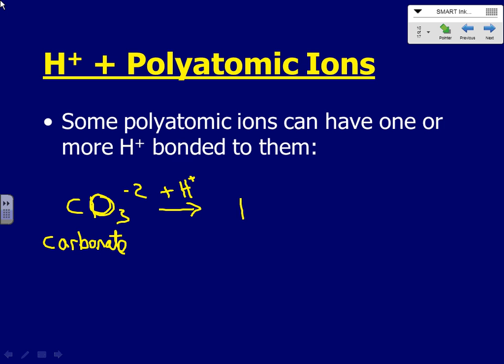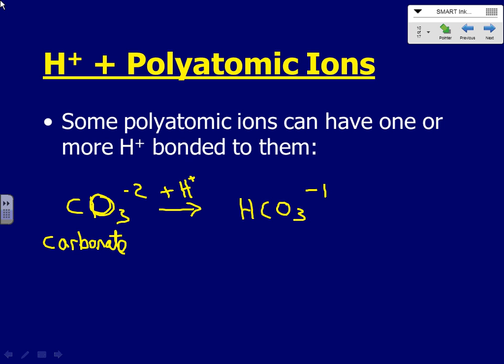And that's going to make it an HCO3. And it's going to change its charge. If I have a -2 charge and I add a positive charge to that, what's the new charge going to be, Dallas? -1. This is all good integers.